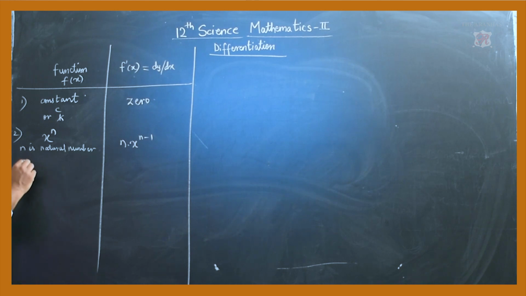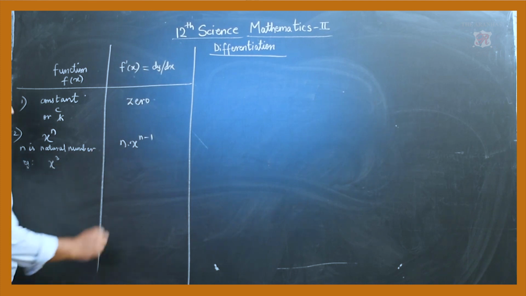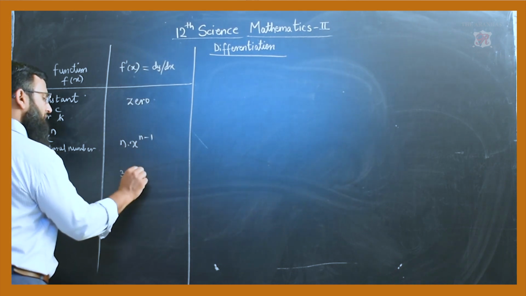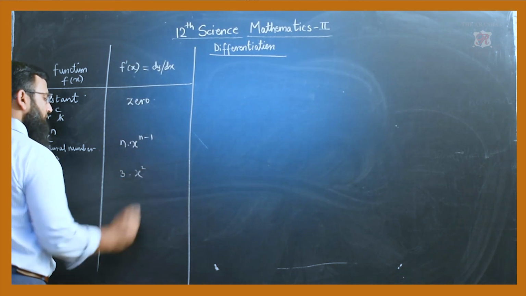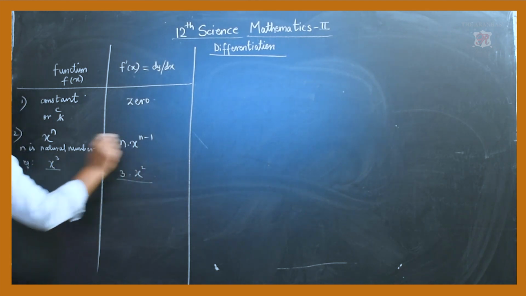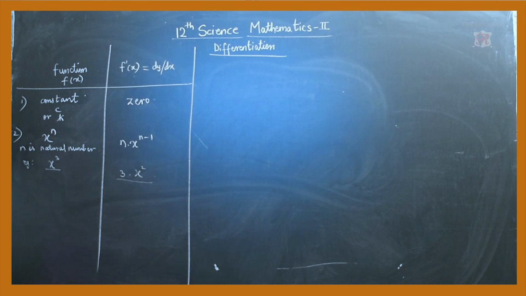Suppose we have, for example, x raised to 3. So in this situation, our n value is 3. So the value over here will be 3 times x raised to 3 minus 1, that is 2. So the derivative of x cube will be 3x square. Always keep such things in your mind.